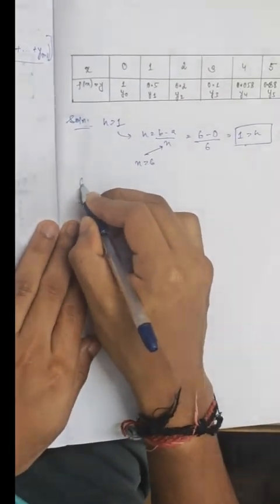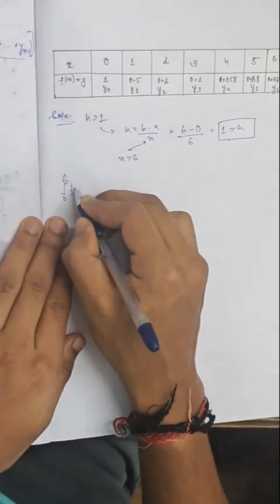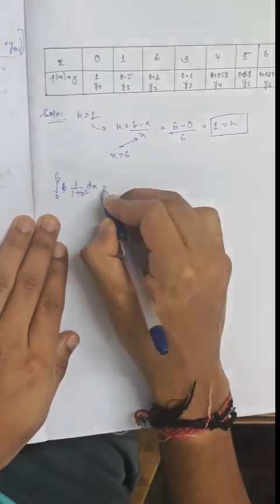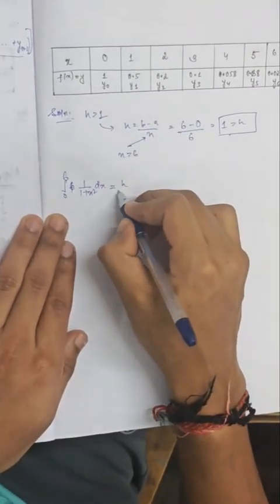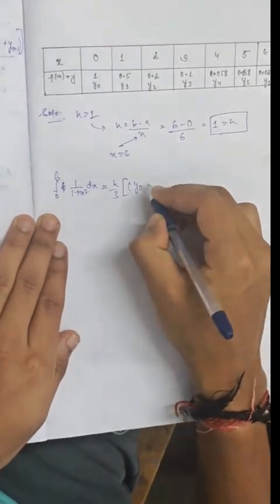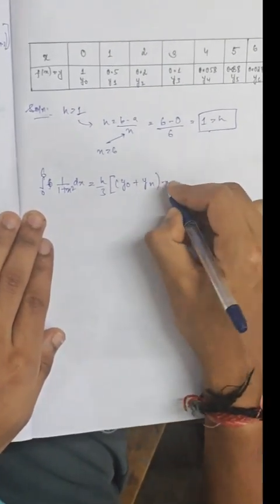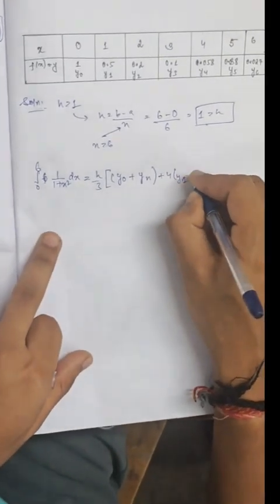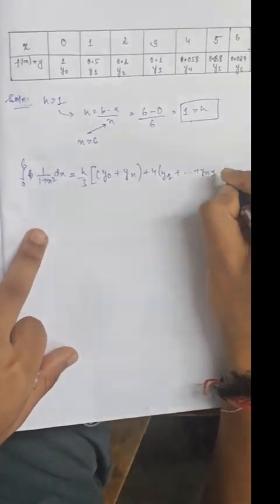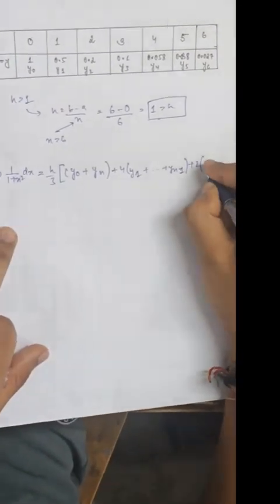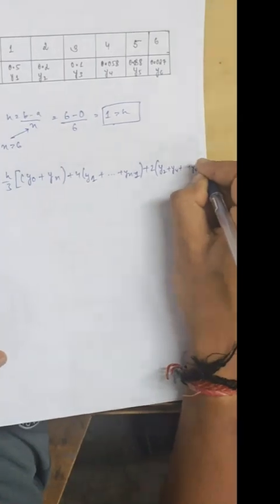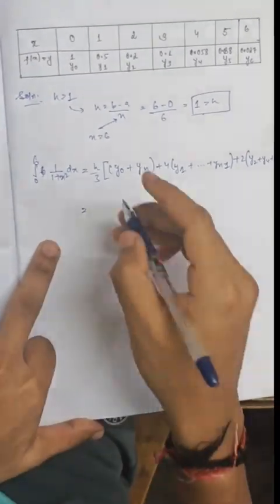What our formula says is that the integral from 0 to 6 of our function, 1 upon 1 plus x squared dx, is equal to h upon 3 times y0, being our f of a value, whose values we are going to find from this given table, plus yn, plus 4 times the sum of all odd terms, plus 2 times the sum of all even terms y2 plus y4 plus yn minus 2. So let's put the values from the table.